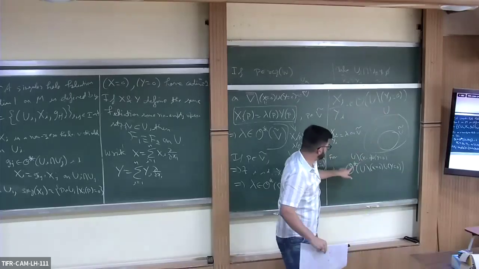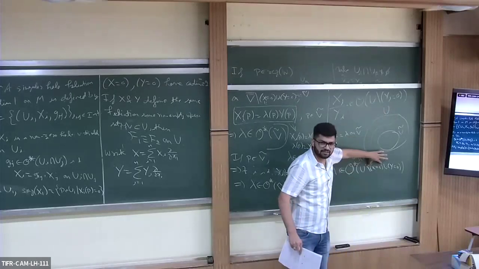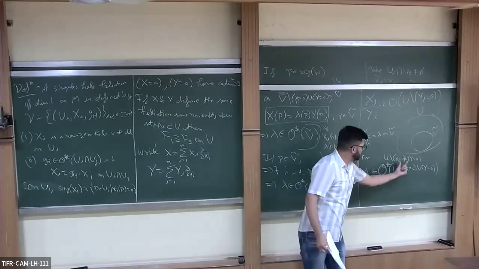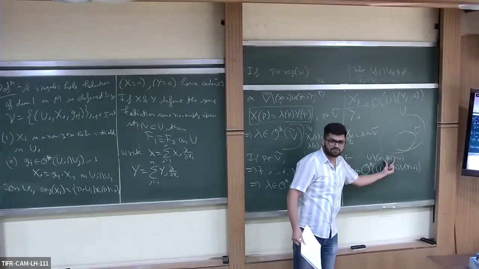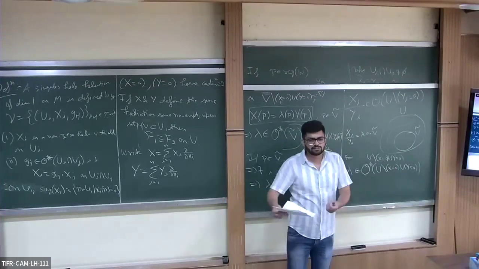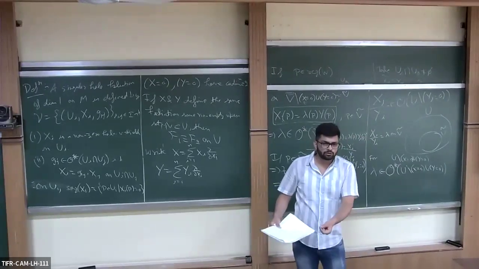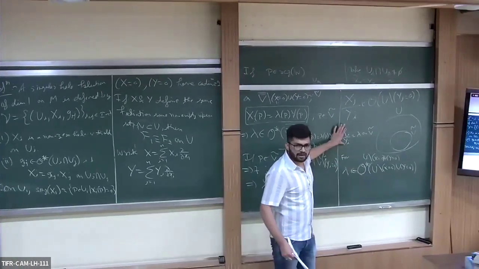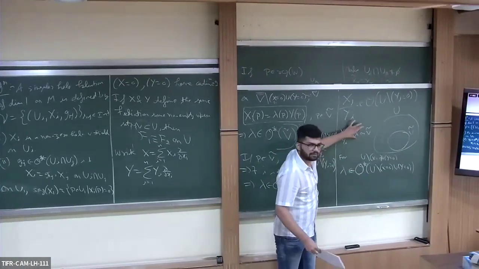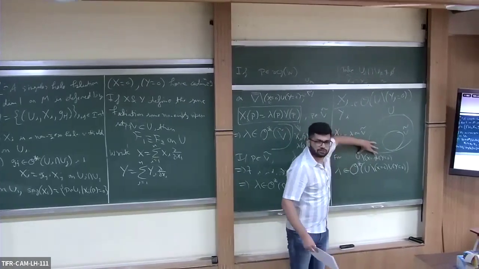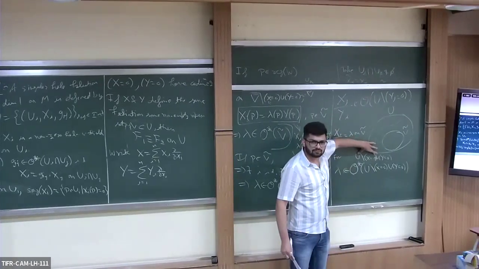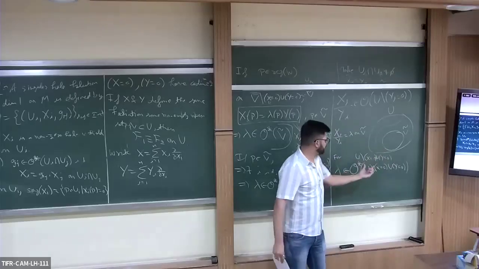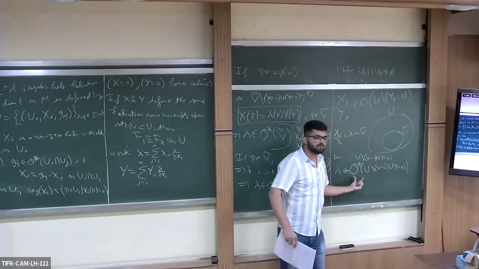If you take any point P in this set, at least one of the xi's and yi's will be non-zero. This is by definition, since we are removing those points where the vector field vanishes. If a vector field is non-zero at a point, one of its components will be non-zero. So we take the corresponding xi by yi, and we get that this lambda map has an extension to this set, and it is holomorphic. By definition of this, it will be non-vanishing.